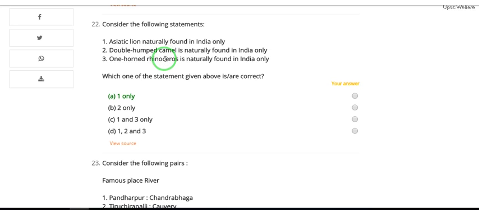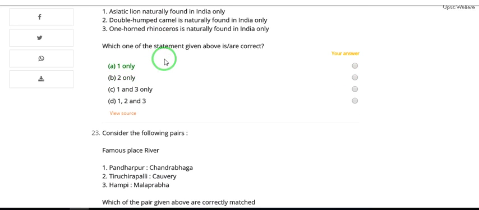Consider the following, question 22. The Asiatic lion is found naturally in the Gujarat area. So statement one is going to be absolutely correct, because recently this was in the news. The Asiatic lion is naturally found in India only. Of course, this is going to be correct, and the second one is going to be wrong. Why? Because the double-humped camel is not found naturally in India only, it is also found in the Middle East.